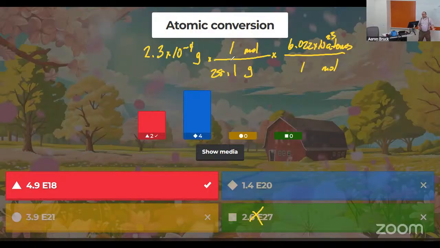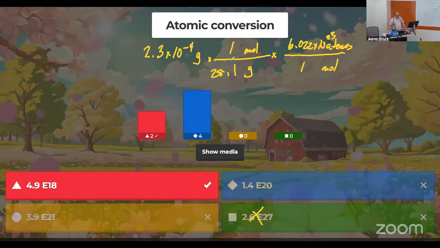We know how exponents work, right? I take 10 to the negative fourth and multiply by 10 to the 23rd. The result is going to be something along the lines of what happens when I add those exponents together. Well, 10 to the negative fourth and 10 to the 23rd is going to give me 10 to the 19th as a result. And that's before you even divide by the 28.